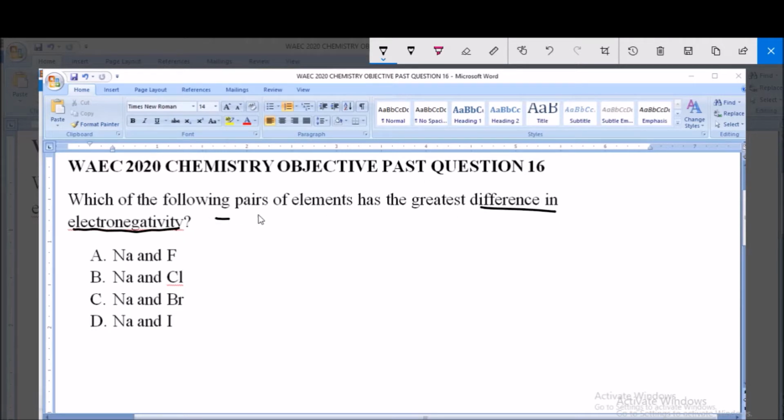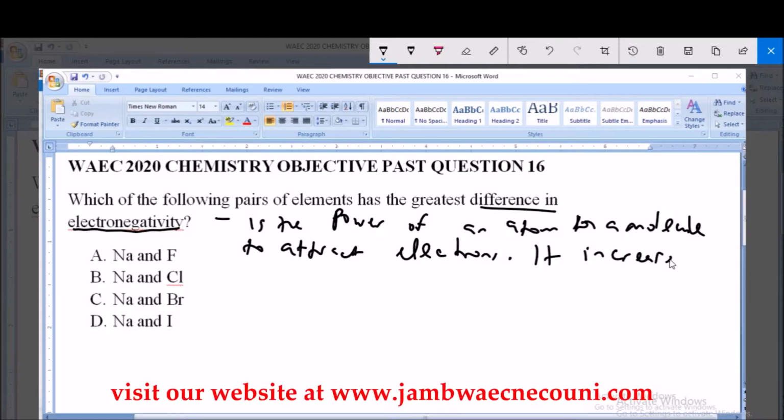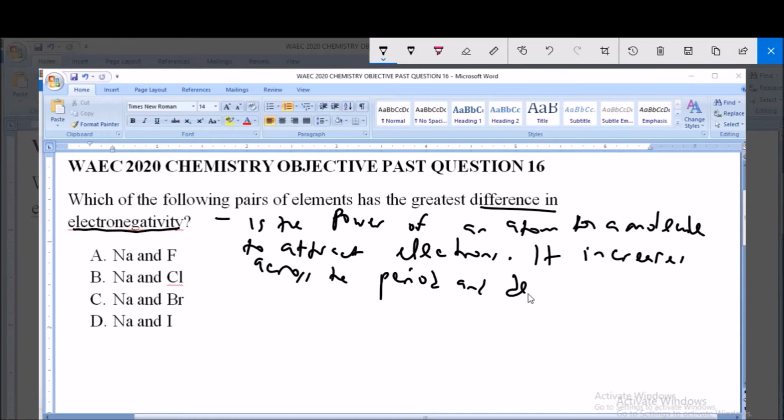Now, electronegativity refers to the power of an atom in a molecule to attract electrons. Based on the trend, it increases across the period and decreases down the group.